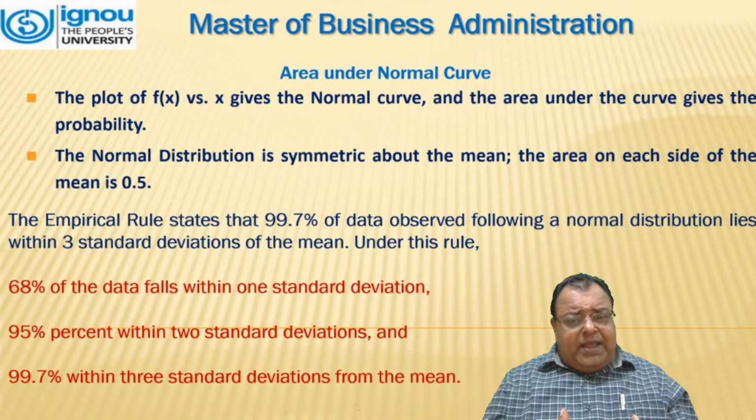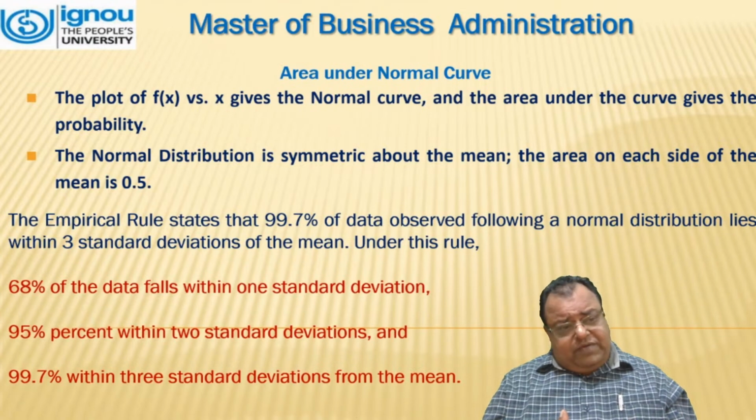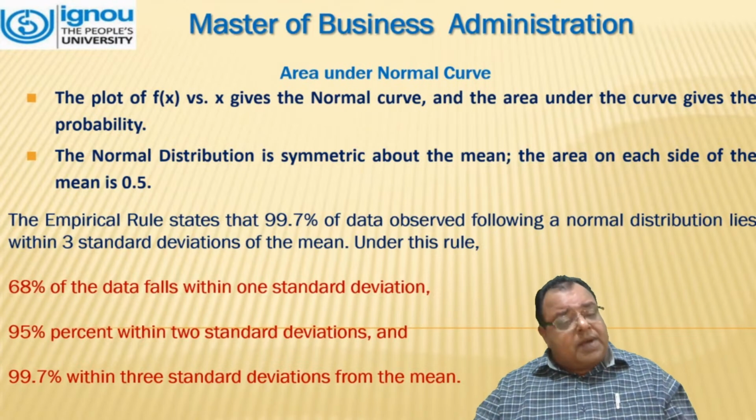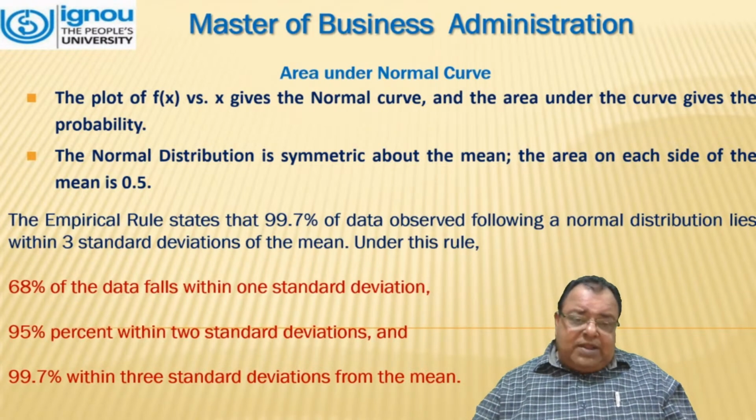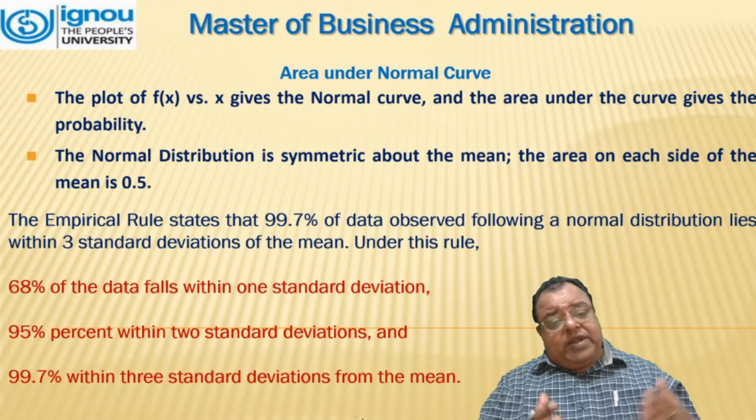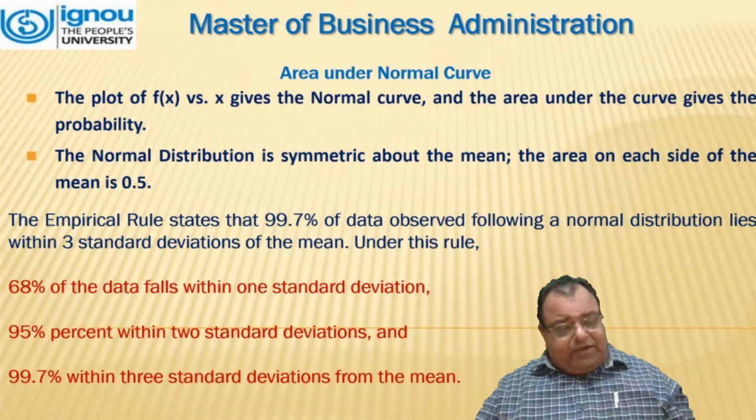What is meant by area under normal curve? When we plot f(x) versus x given in the normal curve, the area under the curve gives us the probability. The normal distribution is symmetric about the mean, therefore area on each side of the mean is 0.5.